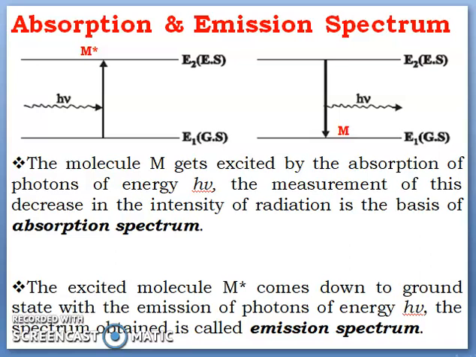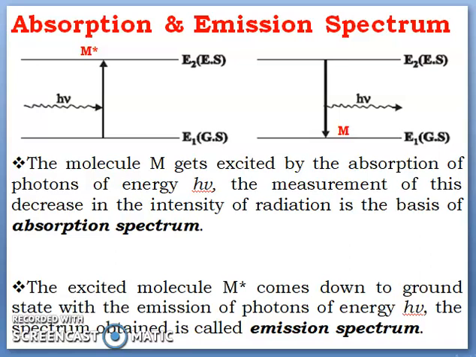In the case of absorption and emission spectrum, the measurement of radiation after the absorption of electromagnetic radiation by the matter is the basis for absorption spectroscopy, which can be explained with the help of the energy level diagram.